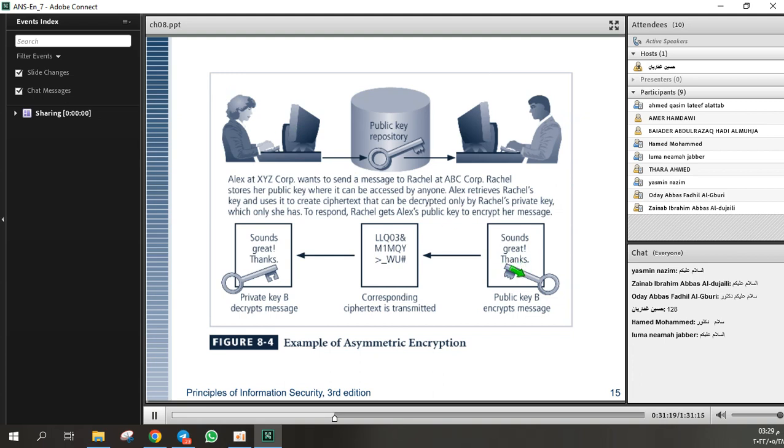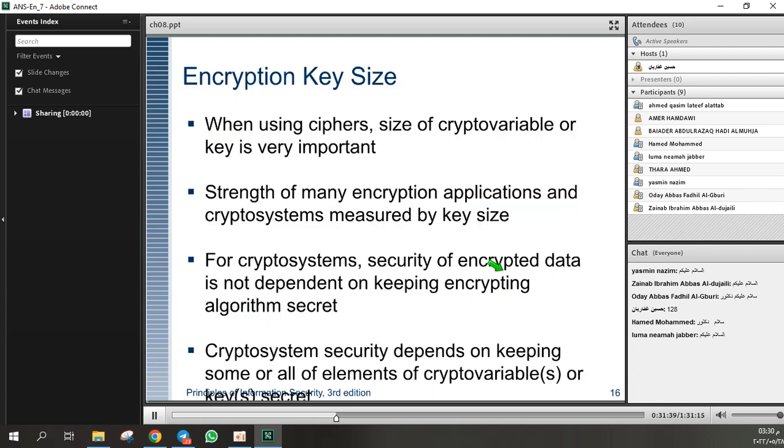Here, Alex uses the public key of Rachel, this key, to encrypt the message, and Rachel decrypts the message using her own private key. You know, this key is different from this key. They are two separate keys. So in this case, we are not worried about revealing the keys.